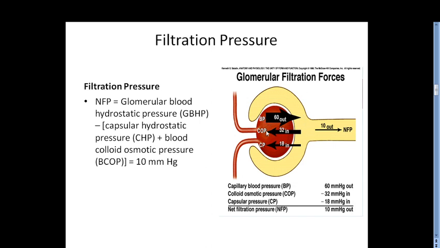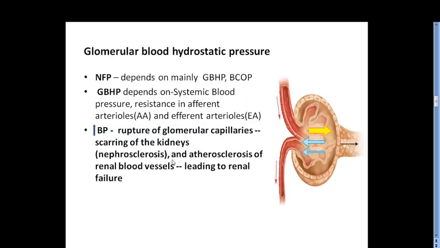All these pressures depend on various factors and they alter the GFR. In the next slide we will discuss that. The first thing is the hydrostatic pressure. As we know, the main factor for filtration is the hydrostatic pressure.